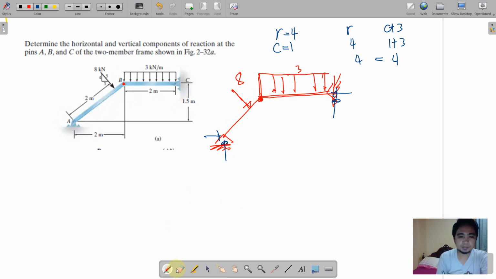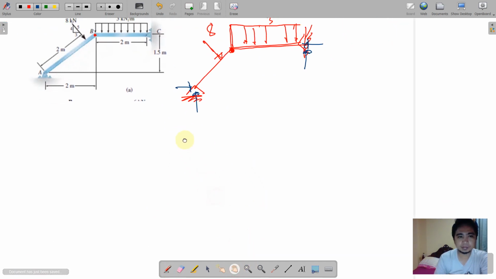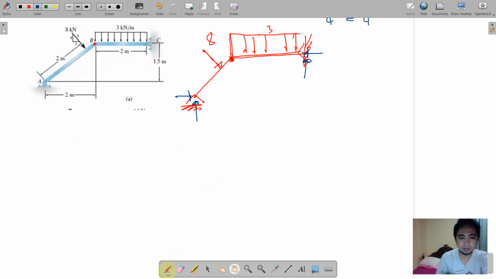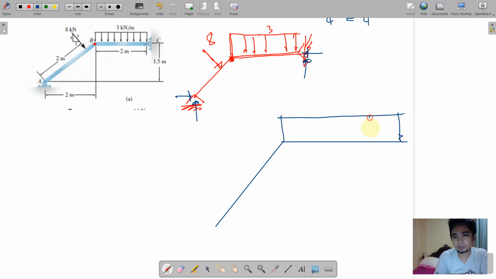So the next step is, again, illustrate the free body diagram of this. So for the free body diagram, we have this beam here. So ngayon, meron tayong loading dito. This is 3.